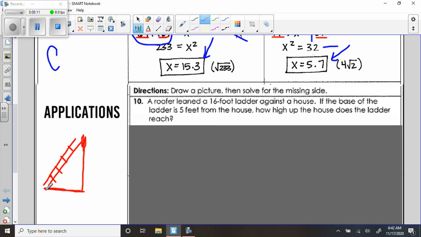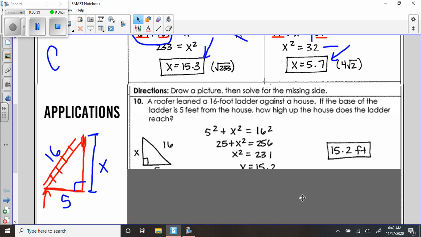So this is the foot of the ladder. On this picture, I'm going to have a 16-foot ladder, and the base of the ladder is 5 feet away from the wall. How high up the wall does the ladder hit? That would be this portion.